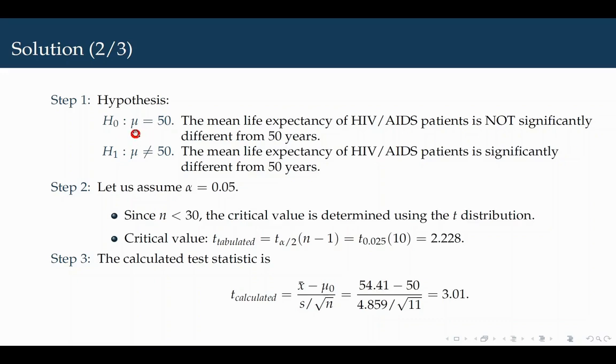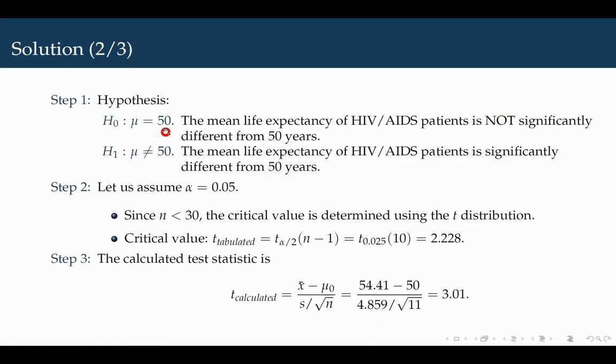So statistically, for example, when we write mu equals 50, it doesn't mean that the mean life expectancy of HIV patients is exactly 50 years. So instead of saying exactly 50 years, we have to say the mean life expectancy of HIV patients is not significantly different from 50 years. So in the null hypothesis, actually, this mean life expectancy may not be exactly equal to 50.